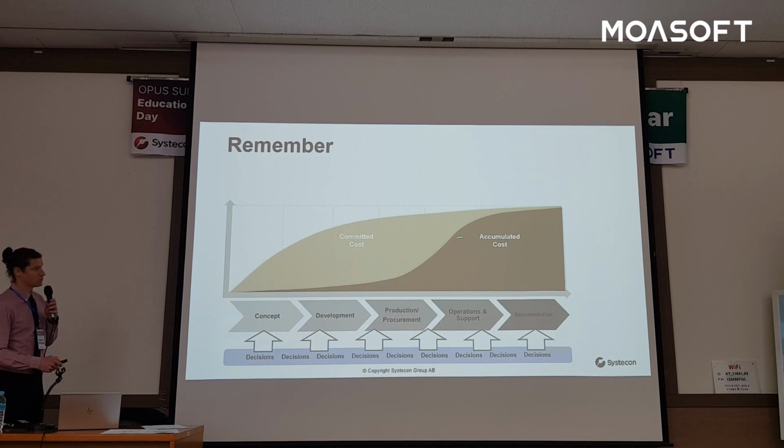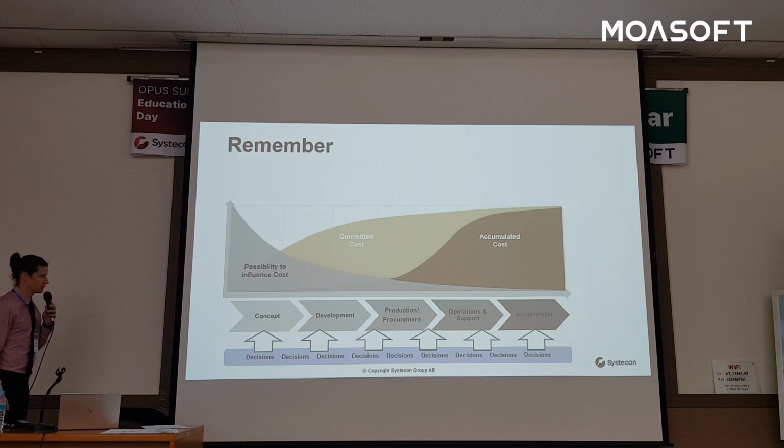So costs accumulate and appear at a later point in time, but decisions that we take already in the early phases will lock down the costs. And this means that our possibility to influence the future costs will decrease over time in the same manner.